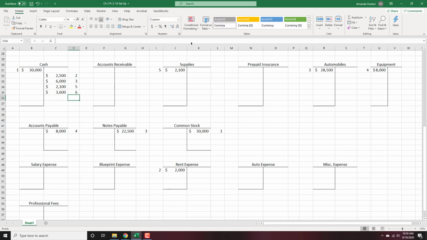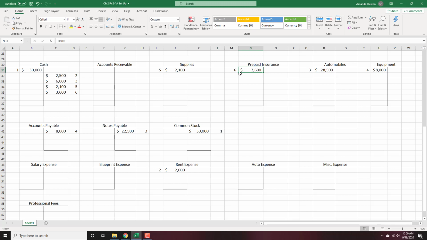The way prepaid insurance works is we prepay the annual amount, and then as the months go by, we use up the actual insurance. So we're first going to put this to prepaid insurance because we paid the whole amount before the year even started. Prepaid insurance is an asset, so it would have a normal debit balance.